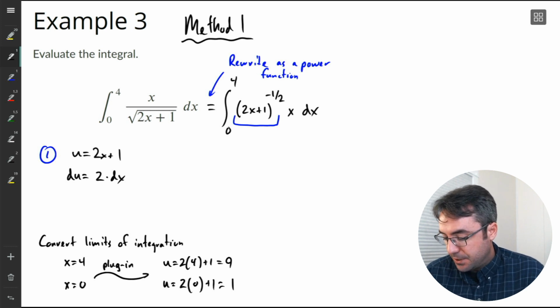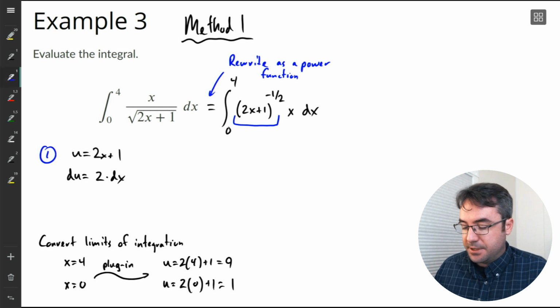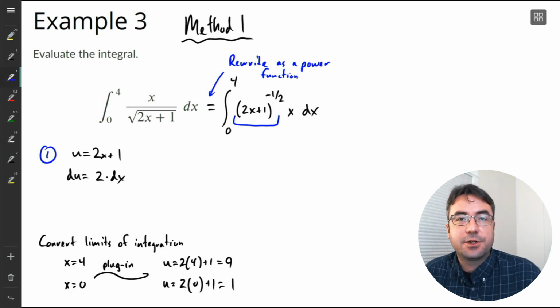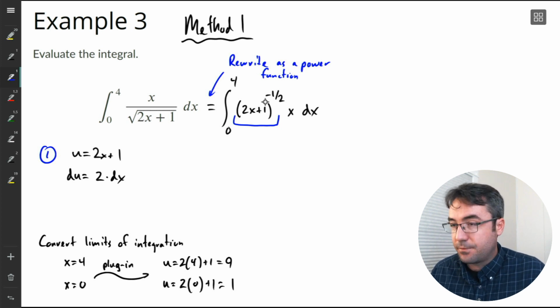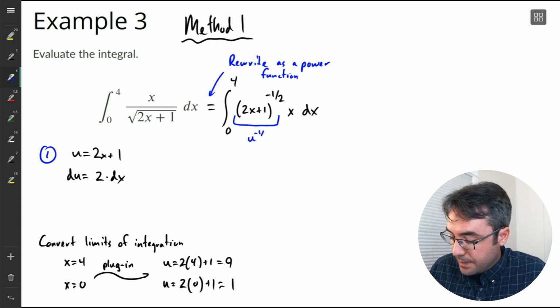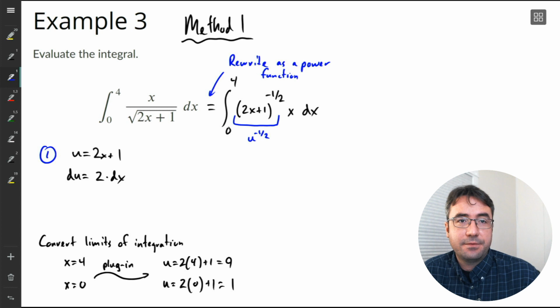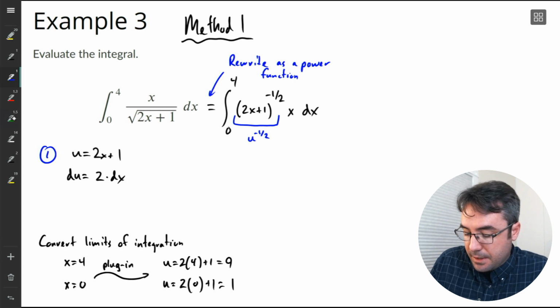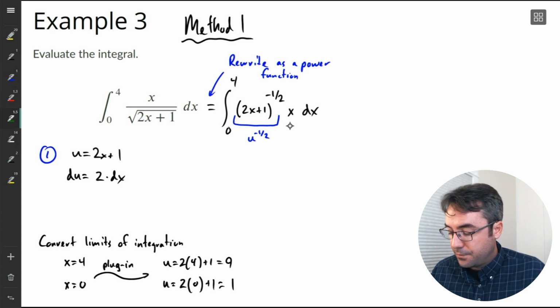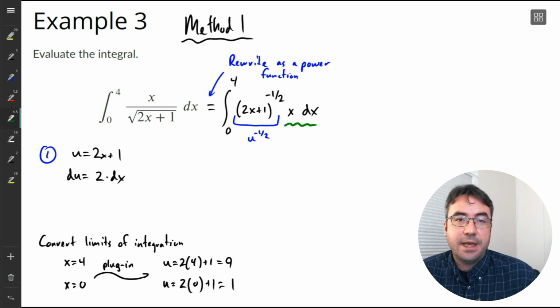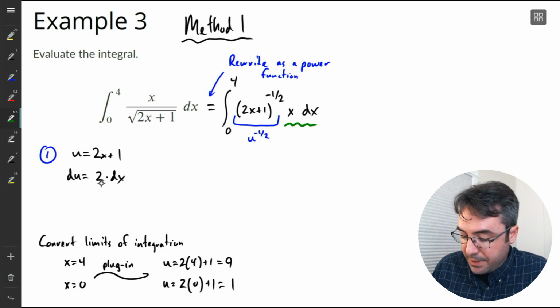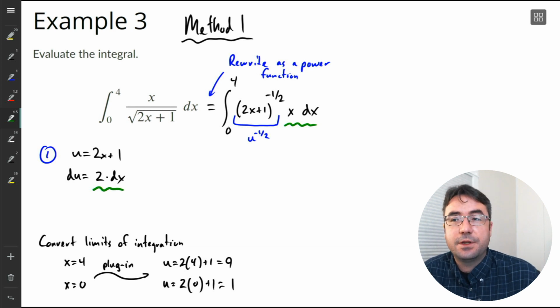Okay, so let's go back to see how everything's going to fit in terms of our function. So we have that 2x plus 1 raised to the negative 1/2 right up here. We know that is going to become our u, and it'll be u raised to the negative 1/2. Now let's compare the leftover terms in our integral, the x dx, and we're going to compare them to what we actually calculated for du, and we see that there's sort of a disconnect here.